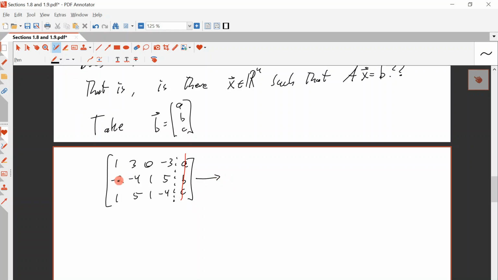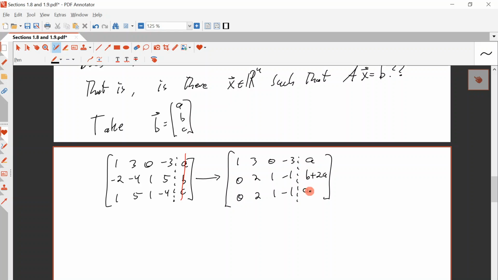All right. So let's add row 1 to row 2, subtract it from row 3. So that's 0 minus 4 plus 6 is 2, 1 plus 0 is 1, 5 minus 6 is minus 1, and this is b plus 2a. Last row, 1 minus 1 is 0, 5 minus 3 is 2, 1 minus 0 is 1, minus 4 plus 3 is minus 1.